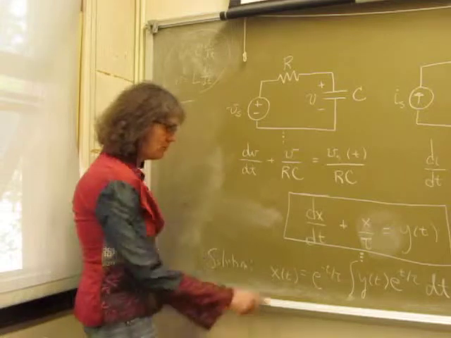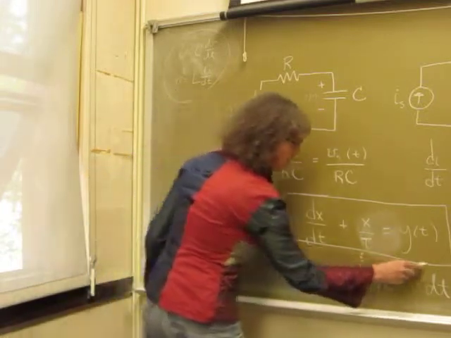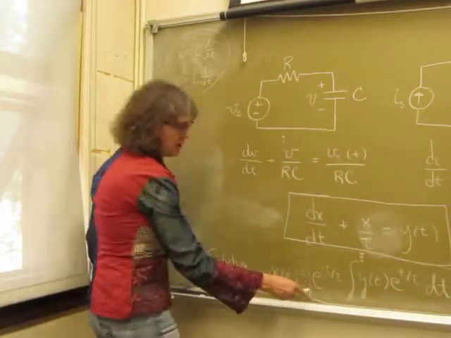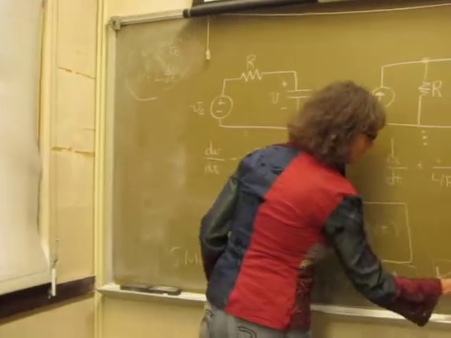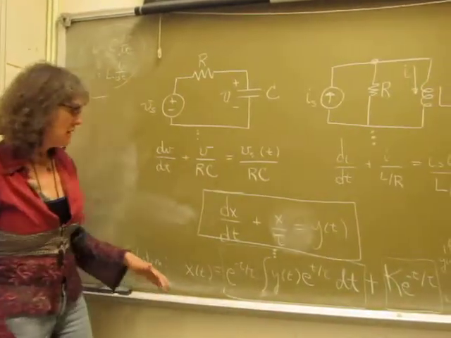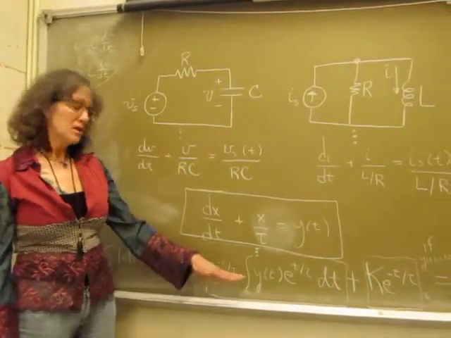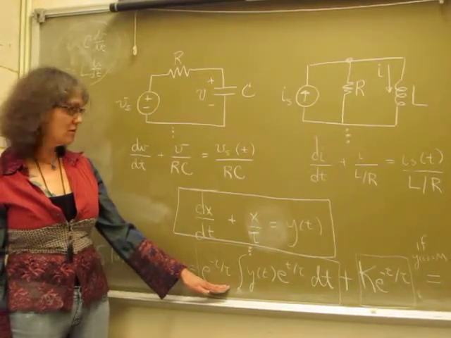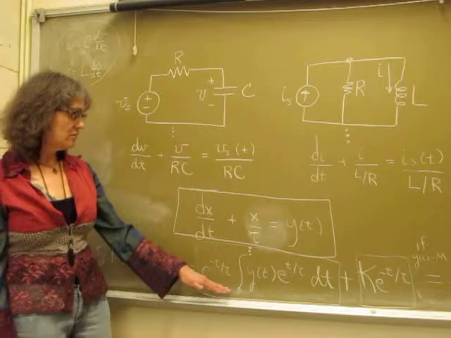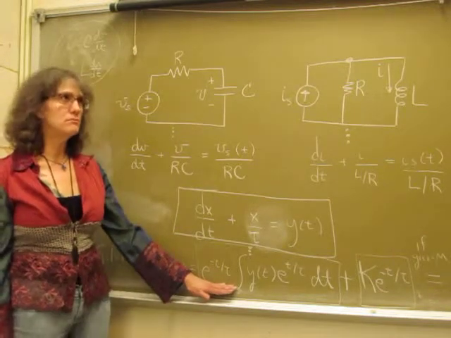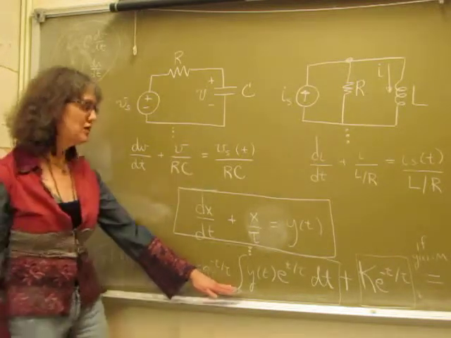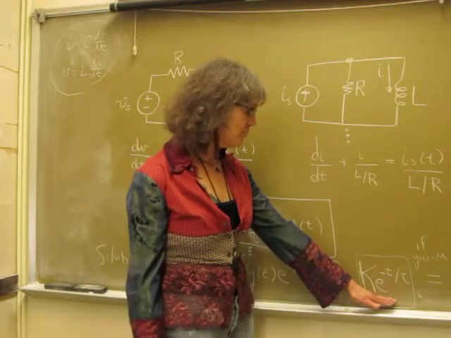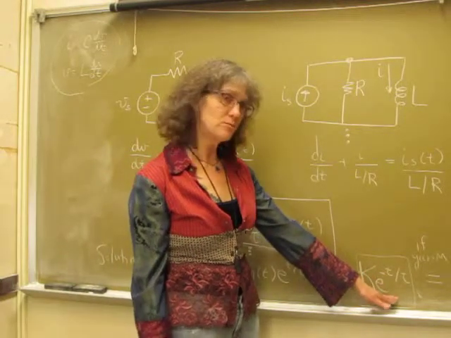Notice that there are two parts of the solution, which is always the case with differential equations, and they have names. This one is called the forced response, or sometimes the long-term solution. This is the transient response. You can call it the short-term solution.